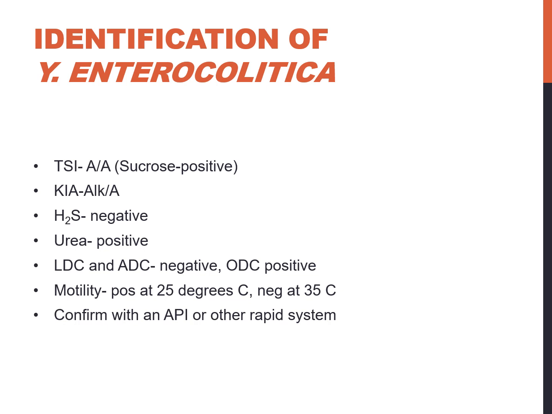They are H2S negative and urea positive. Lysine decarboxylase and arginine decarboxylase are negative. Ornithine decarboxylase is positive. It is motile at 25 degrees, but not motile at 35 degrees. We can identify this organism by simply setting up an API or some other rapid system like MicroScan or Vitek. It's very easy to confirm this organism with API.